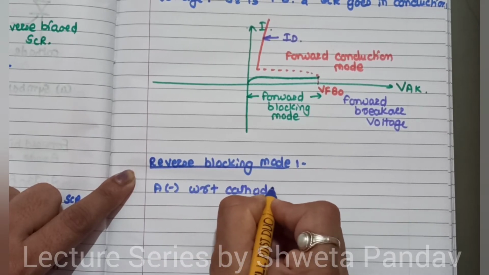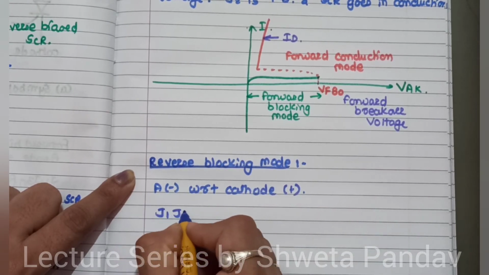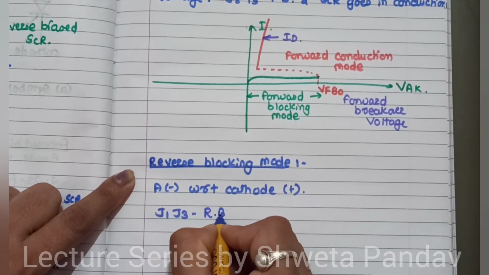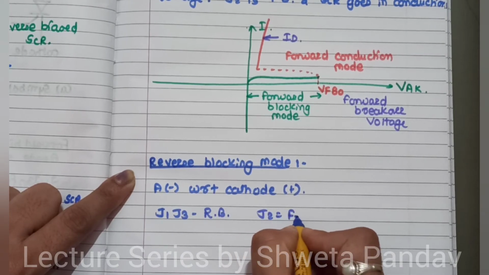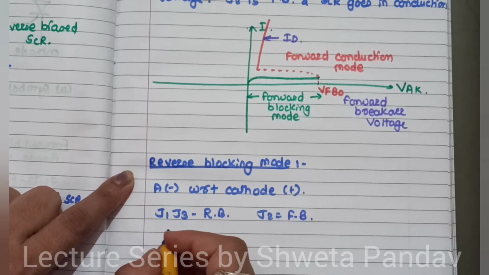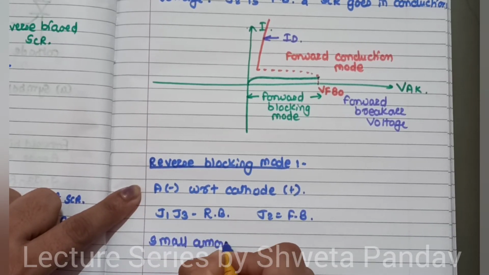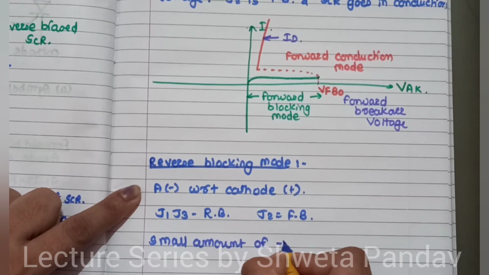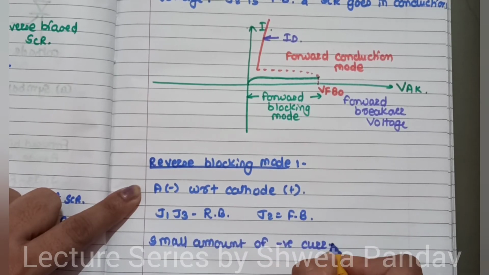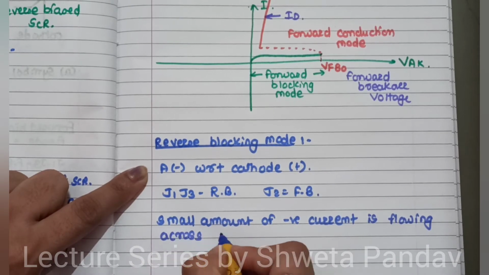Now the anode is negative and the cathode is positive, so the J1 and J3 junctions are reverse biased and the J2 junction is forward biased. This is called reverse blocking mode, and during this mode a small amount of negative current flows across the SCR.